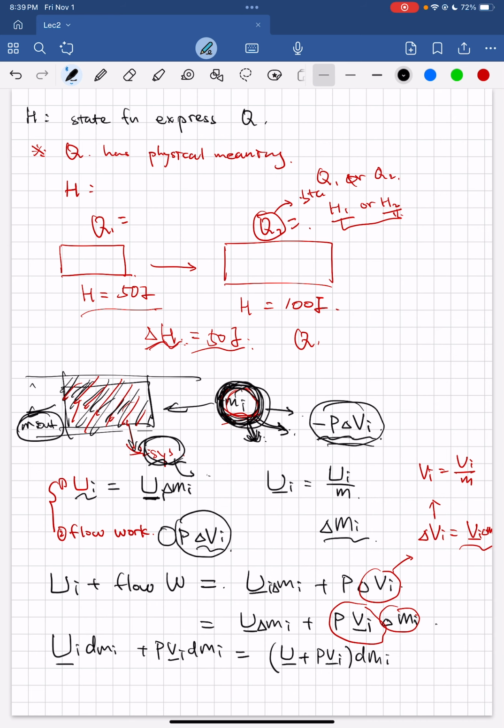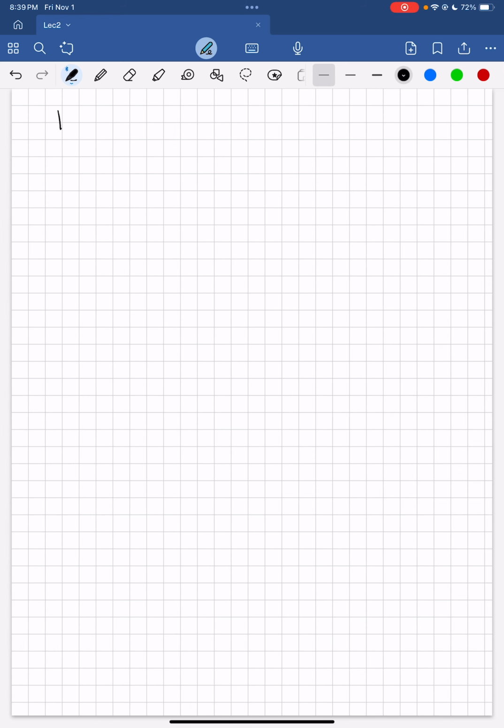We just derived enthalpy as u plus PV. So the energy caused by this particle coming in should be like this, right? And of course, some particles are going to leave the system, so that is H out dm out. Should be a minus term, because material is leaving. It's going to take away the internal energy, right?